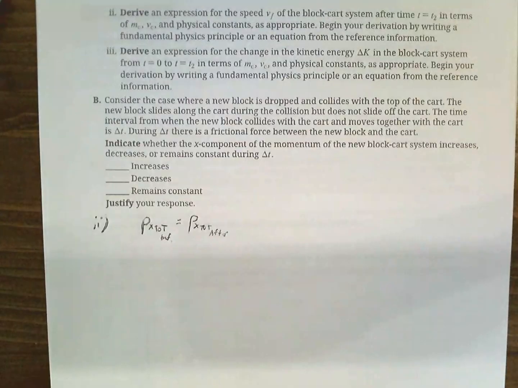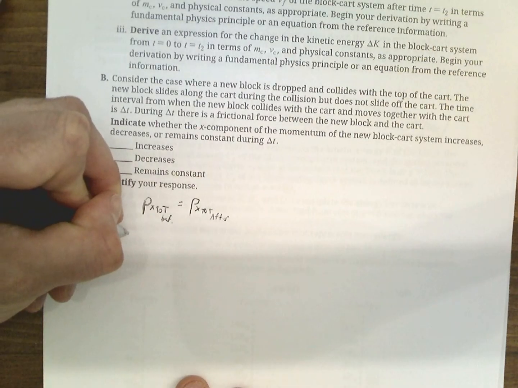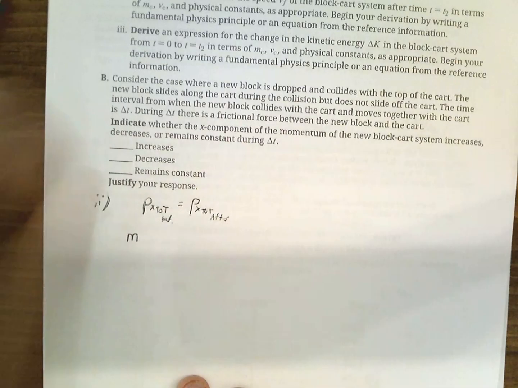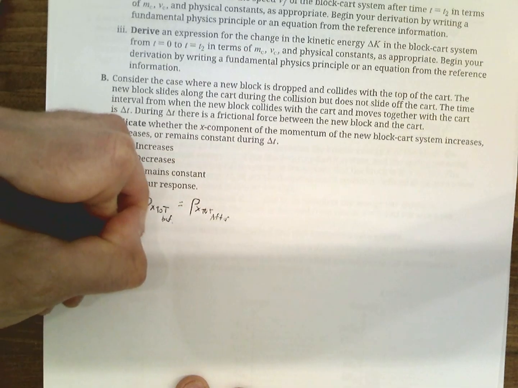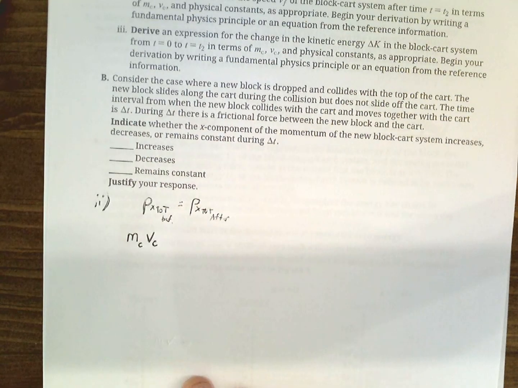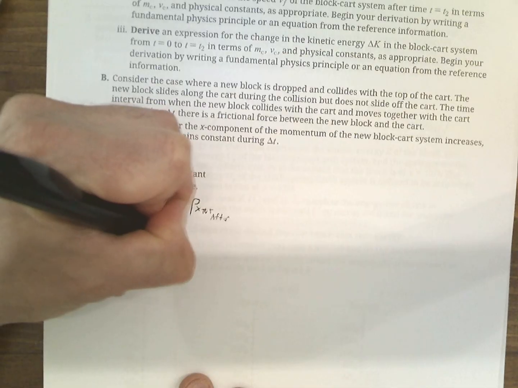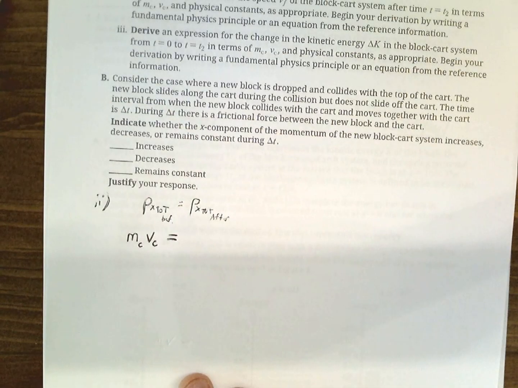So we just need to write out explicitly what the momenta of our system are in that x direction. Before, we just have the momentum of the cart, so the mass of the cart times the initial speed of the cart. That is going to equal the total x momentum of the system after the collision, which includes the dropped block.